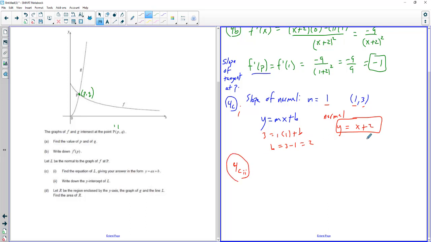I guess that's probably what they wanted. They probably wanted y equals x plus b. And then they wanted me to solve for b for the second part. I don't know. But the answer is obviously 2. We already found it. I already went the whole way there. So the y-intercept is, you could write that as 0, 2. There's the y-intercept. That's a strange question.